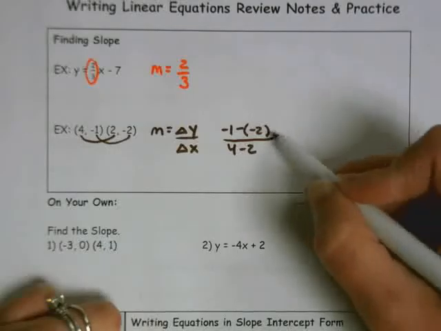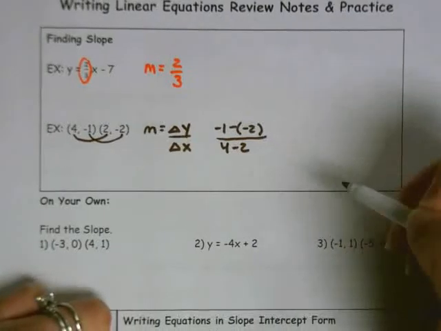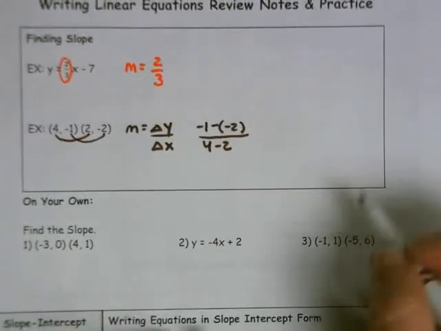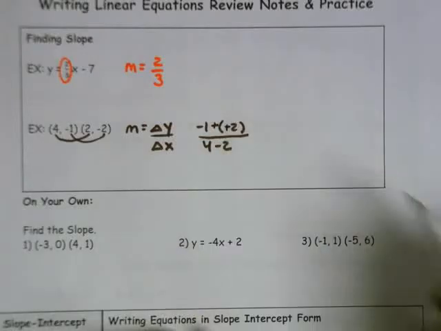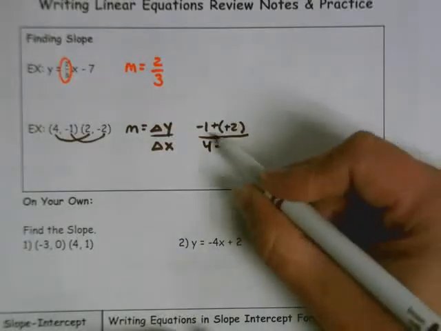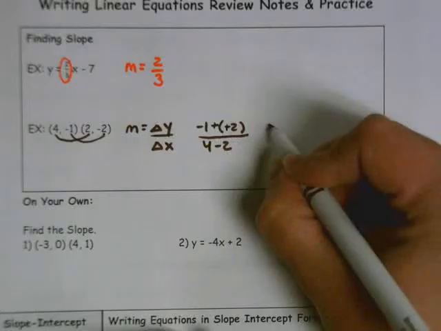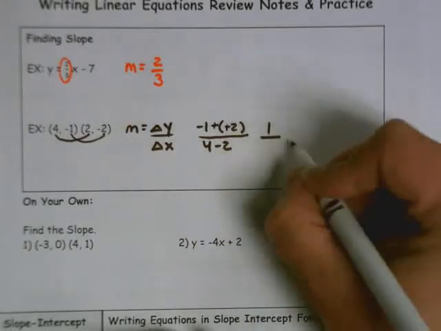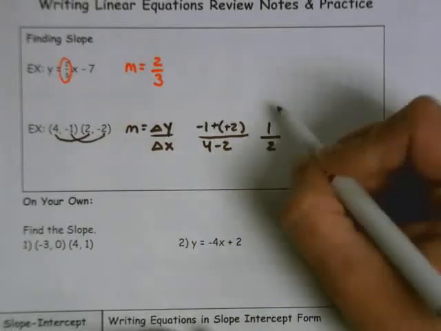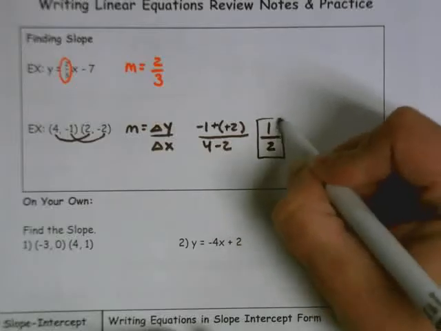Then we just calculate this very carefully and pay attention to our negatives. Minus a negative becomes plus a positive. You add the opposite. And -1 plus 2 brings us all the way up to +1. 4 minus 2 is 2. So in this case, our slope is 1/2.